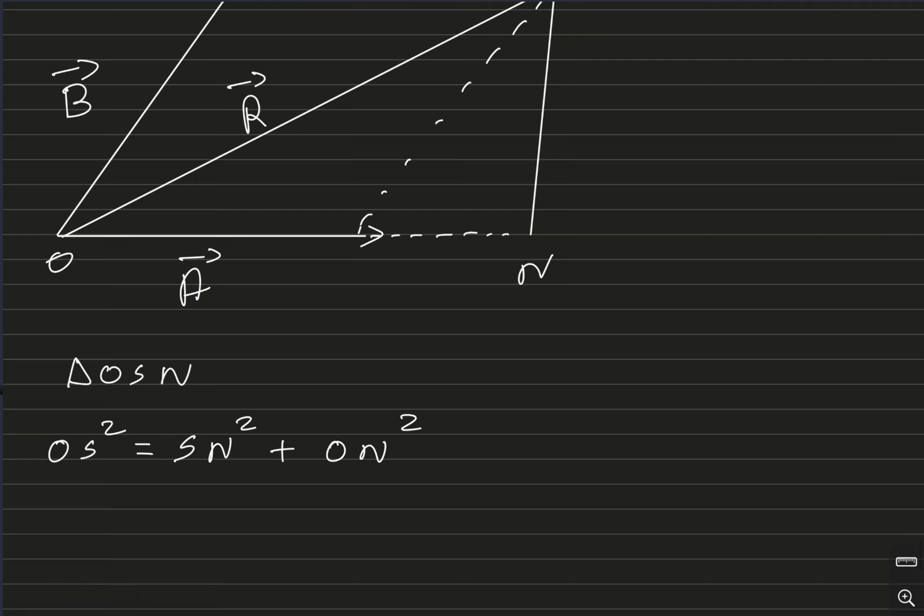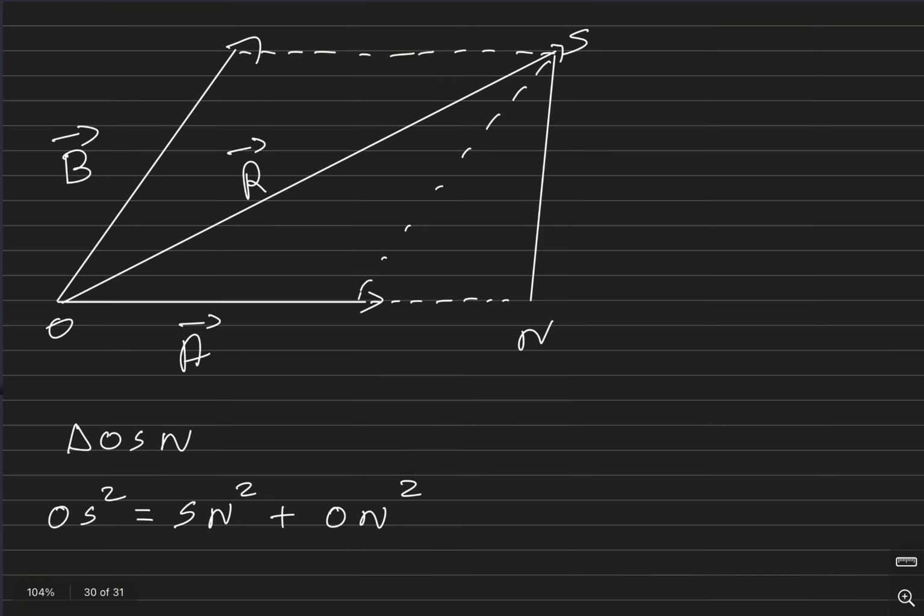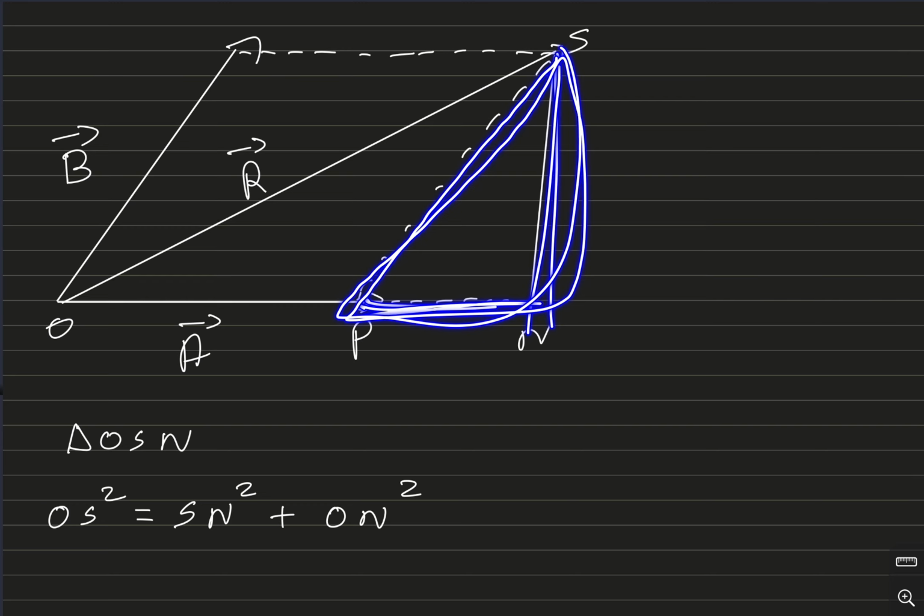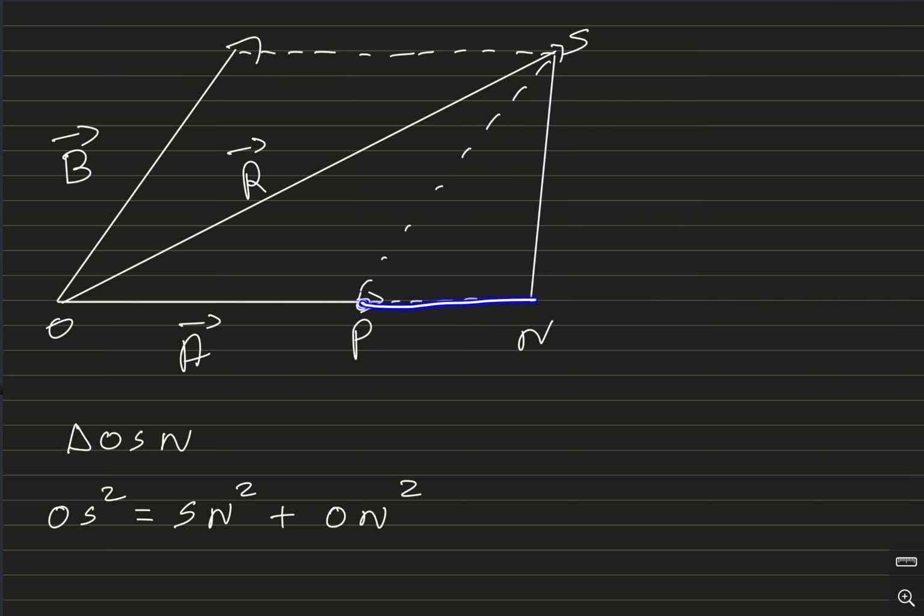Here this vertex is named P, and we also have to find this side and this side, SN and PN. See, this is also a right angle triangle. So we have to find the values of PN and SN.